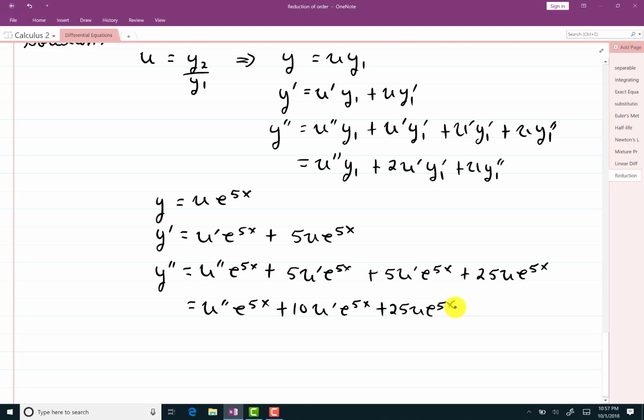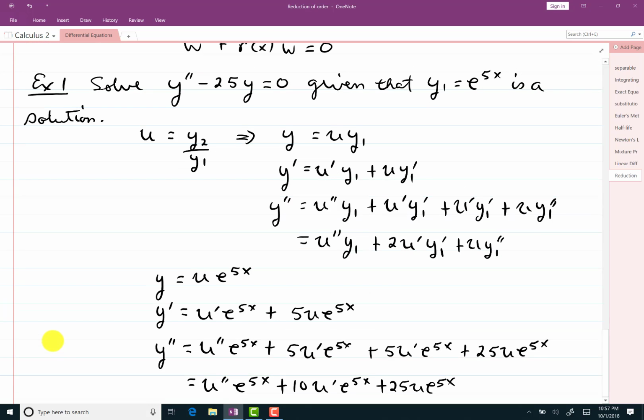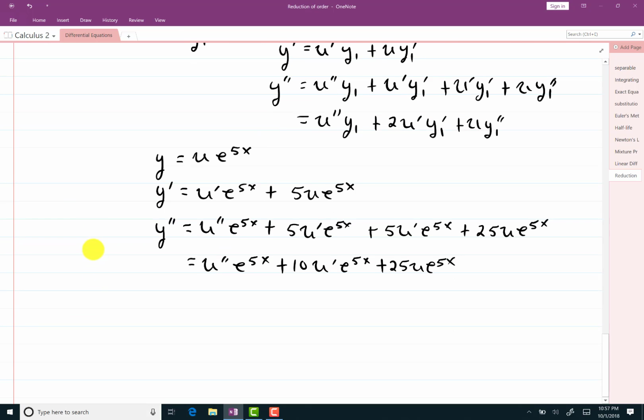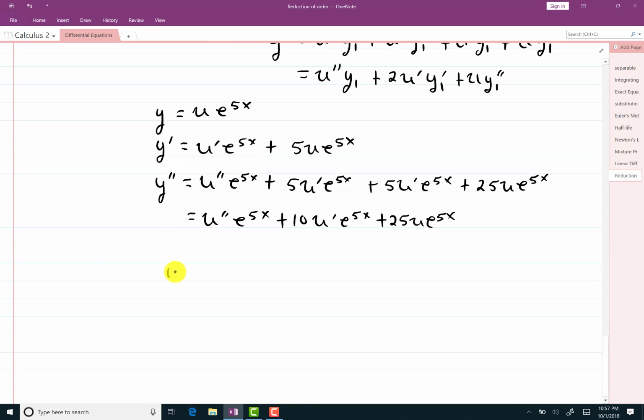All right, now the original equation was y double prime minus 25y. So we have y double prime minus 25y, and that's equal to 0. So let's go ahead and plug in these things.